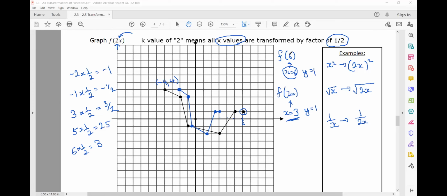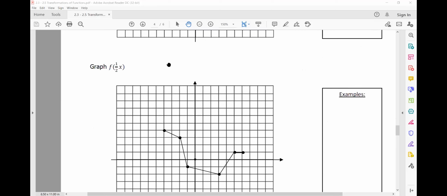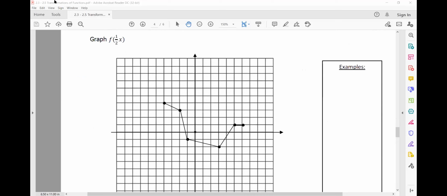Okay. You might have questions. Hold those questions and see if they can be answered by our second example. If I have, clearing here, f of 1 over 2 x. So again, this time the k value is 1 over 2. So if that is the case, remember, x, y becomes 1 over k x, comma y.